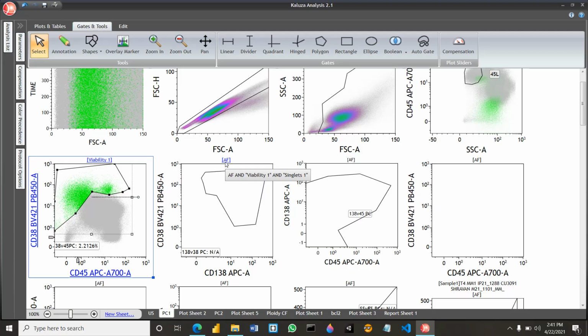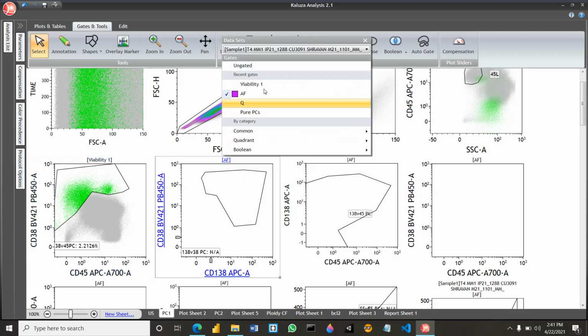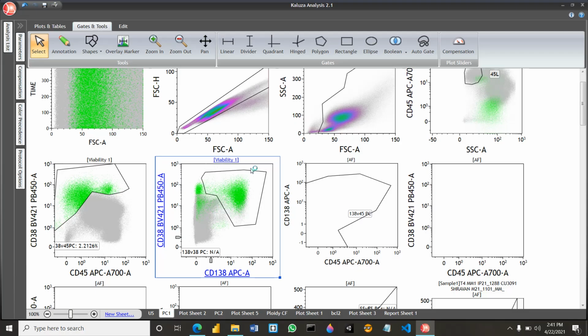Now let's see how these cells look with CD38 and CD138. So let's see here again, viability, and it looks like we have covered most of the cells. It looks like we have covered CD38, CD138 in green color. But let's check whether all these cells are covered here.